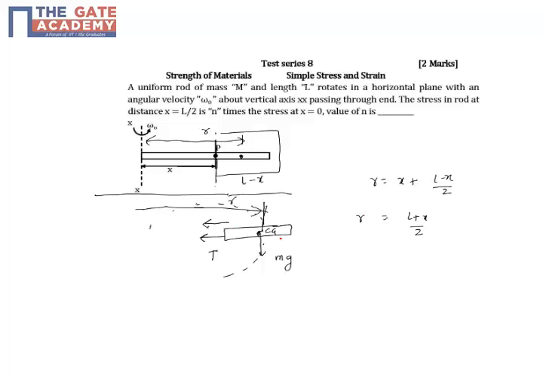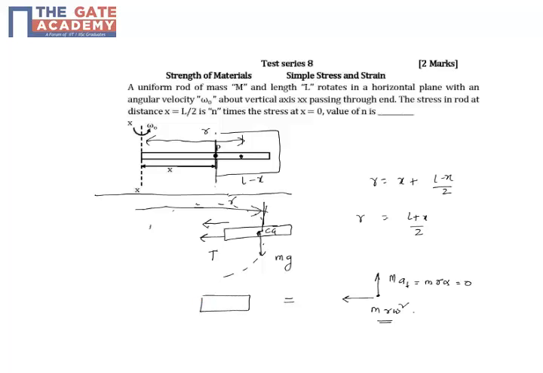Now at this CG, what are the forces? You have a tangential component, m a_t, which is m r alpha, and alpha is 0 because it moves with constant angular velocity. The normal component is m r omega square, which is the centripetal force, where m is the mass of this right side section. These are the inertia forces at the CG.